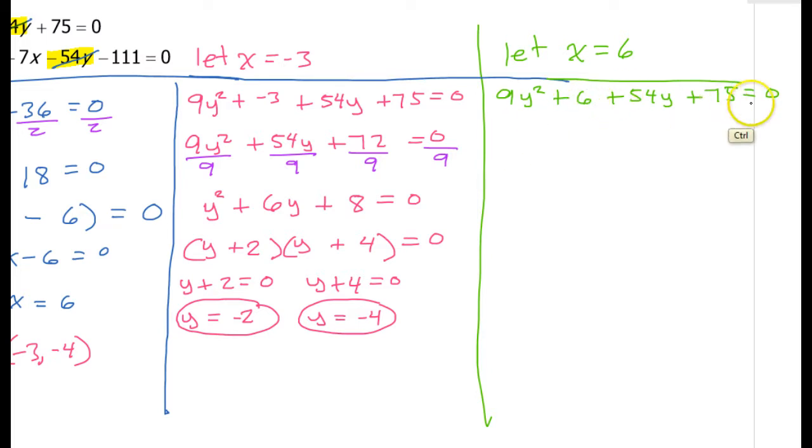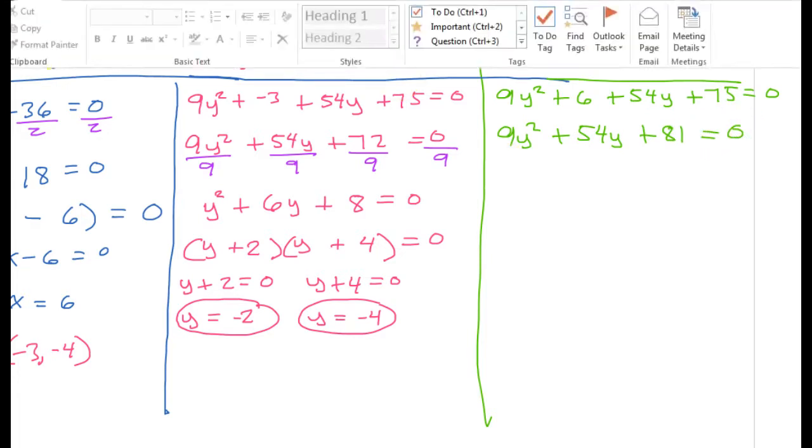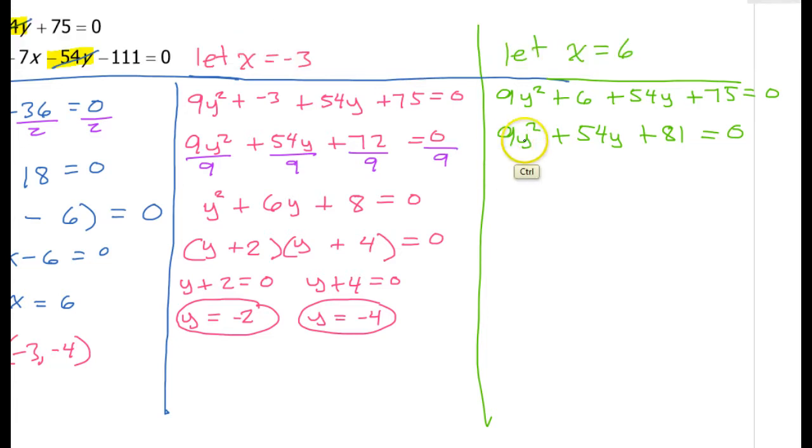75 plus 6 is 81. So this will become 9y squared plus 54y plus 81 is equal to 0. Once again, I'm noticing that all three of these numbers are divisible by 9.